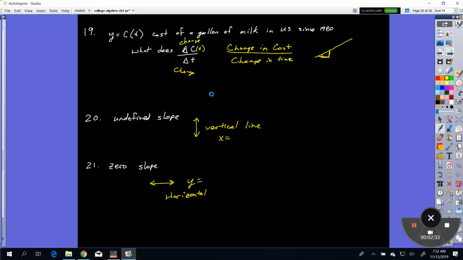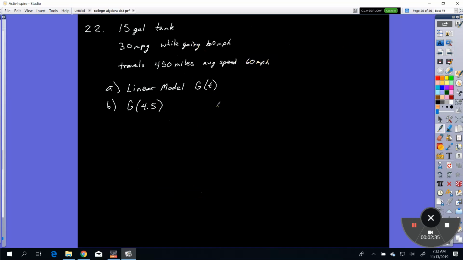On question 22, it says a car has a 15-gallon tank for gasoline and gets 30 miles per gallon on a highway while driving 60 miles per hour. Suppose the driver starts a trip with a full tank of gas, meaning he has 15 gallons, and travels 450 miles with an average speed of 60 miles per hour. Write a linear model representing the amount of gas G(t) left in the tank t hours into a trip. I know that the amount of gas is going to be going down.